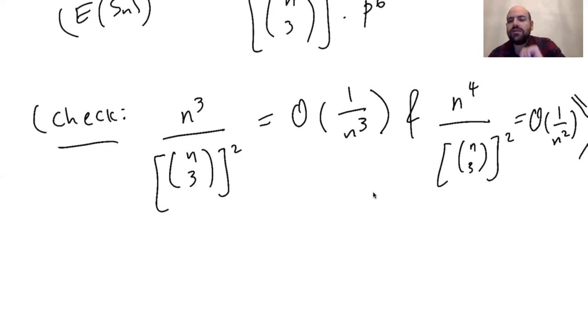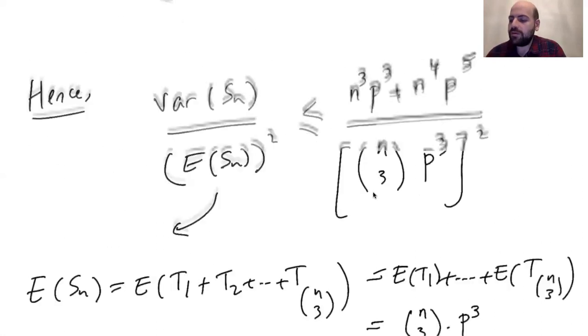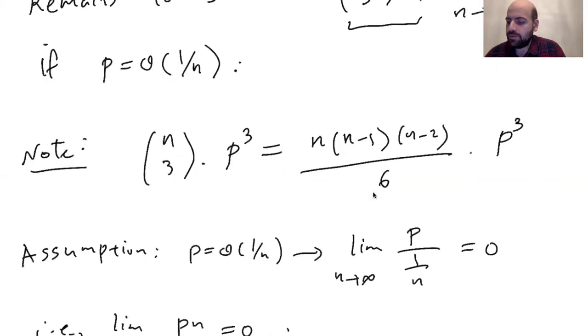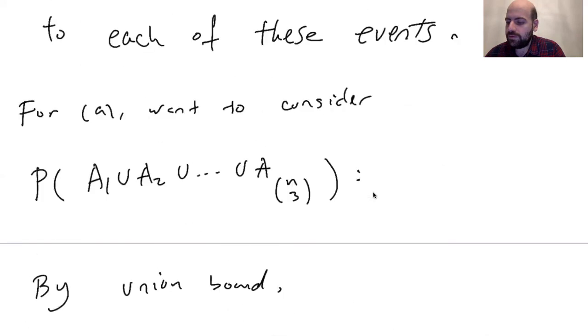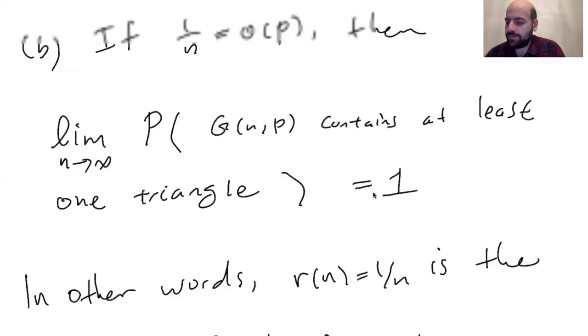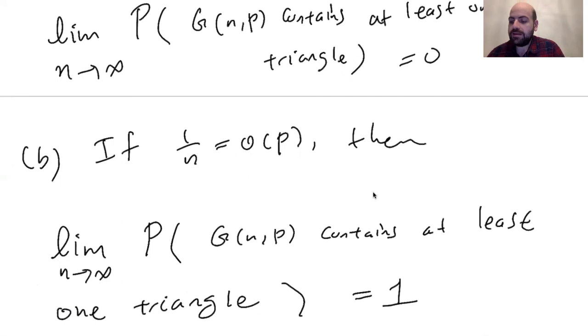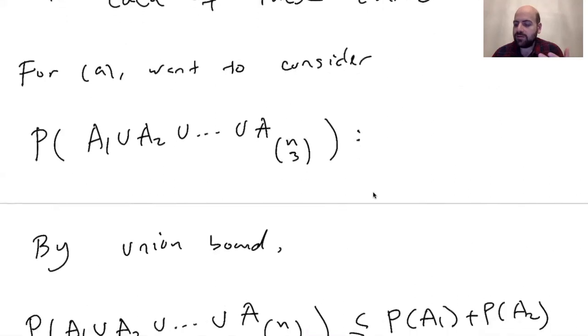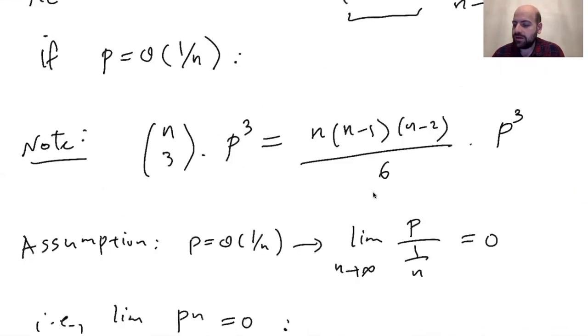Okay, now what was our assumption here in part B? Remember, what are we doing? We are trying to prove that if 1 over n is much less than p, this limit is 1. We said that we will do this by checking that the limit of variance over expected value squared is 0, right?